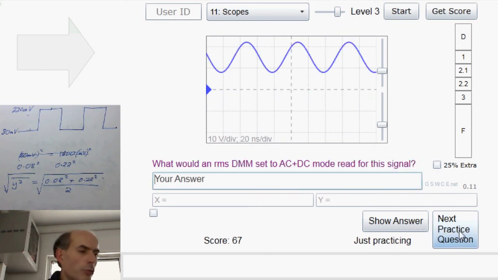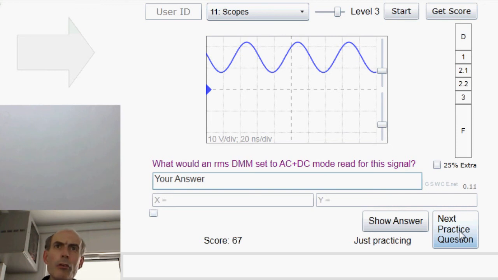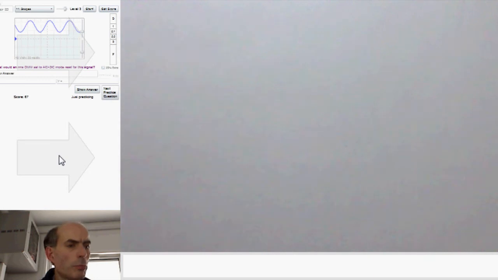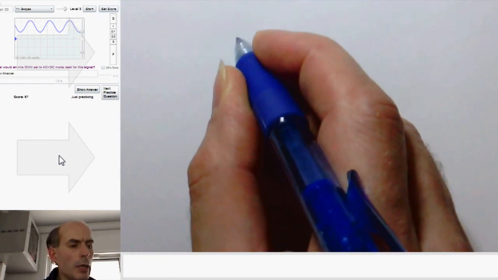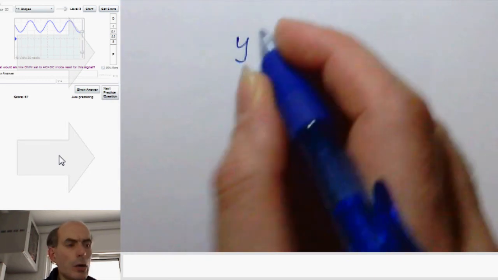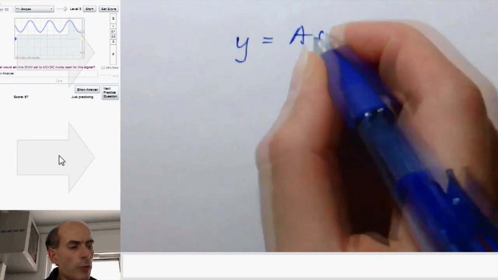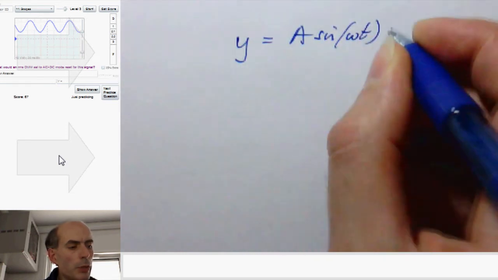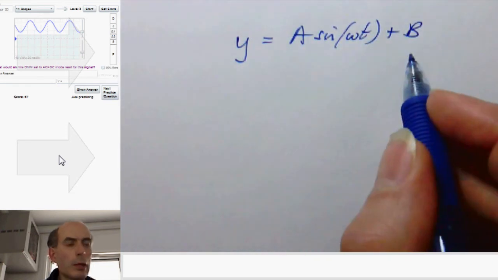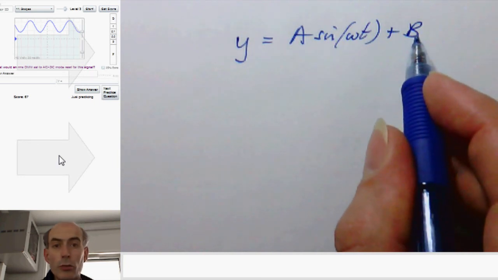This is a slightly more interesting one. RMS DMM set to AC plus DC mode for this signal. It's a sine wave, but it doesn't have a 0 mean. If you haven't seen this before, if we have an expression y equals a sine omega t plus b, that's a sine wave that has a mean of b, not 0.